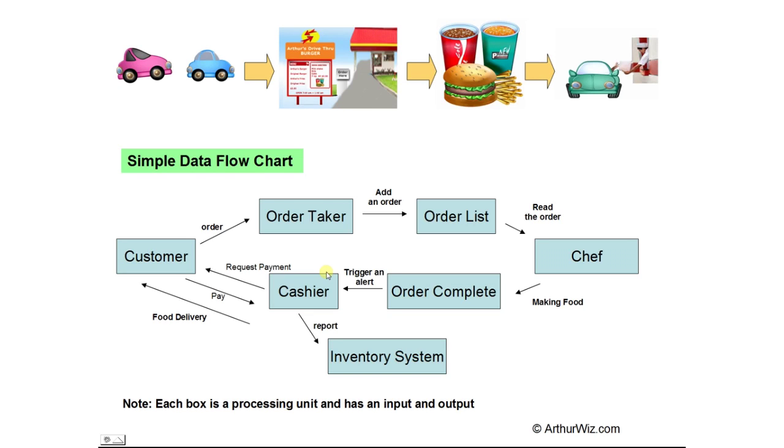So from the customer side, the customer can pay the cashier, and the payment will be another type of output from the customer. And from the cashier, the output will be the final delivery, and that's the food.